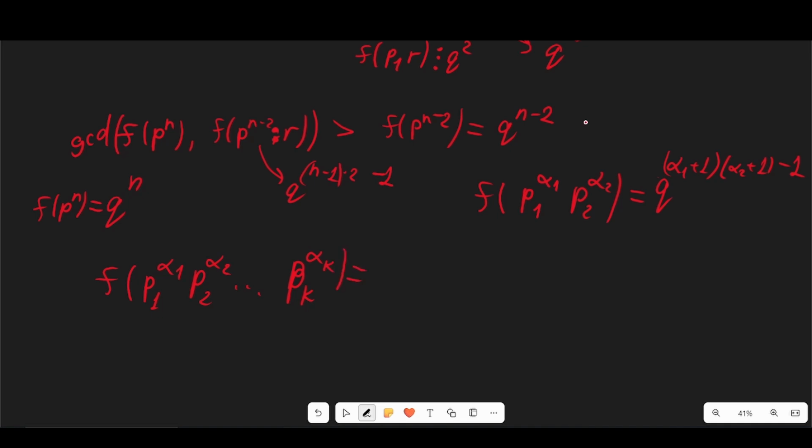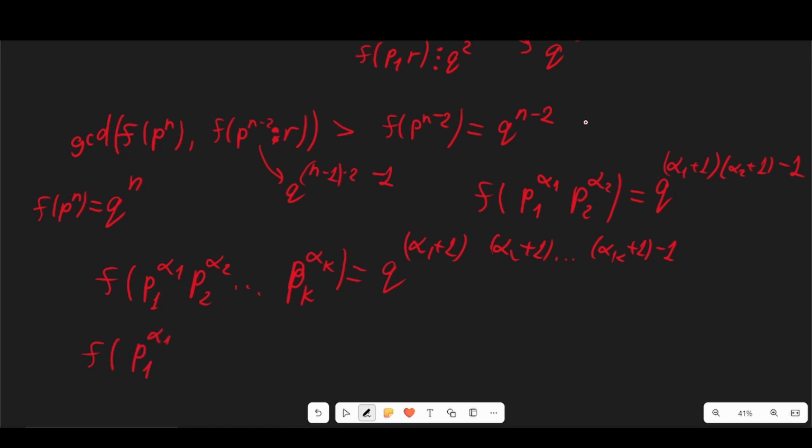This would be q to the alpha 1 plus 1 times alpha 2 plus 1, up to alpha k plus 1, minus 1. And now show what would happen if we add some small number r. Now show that this is correct for every r.